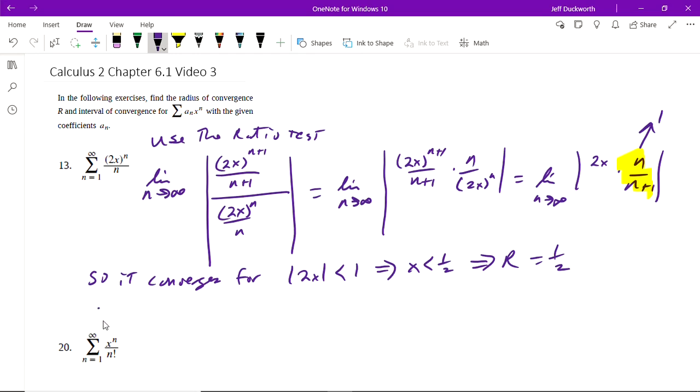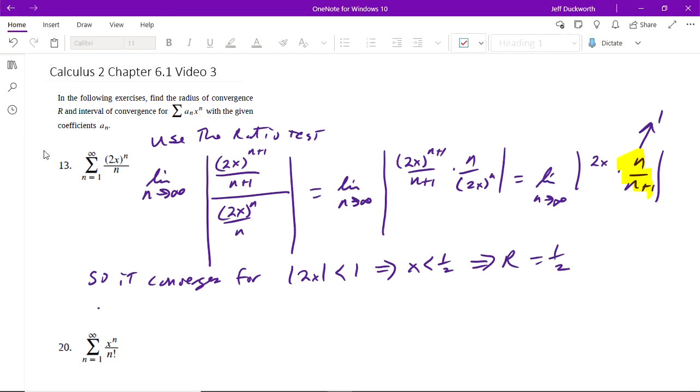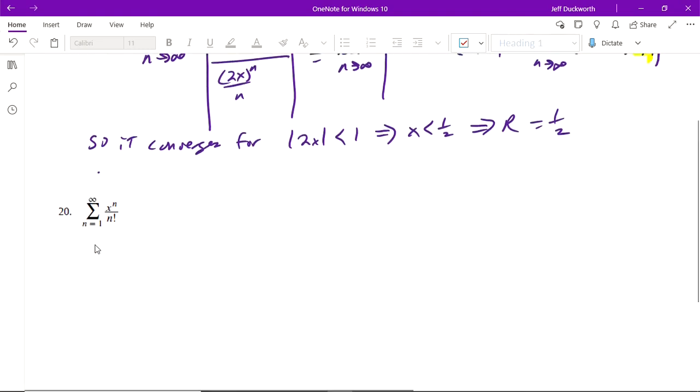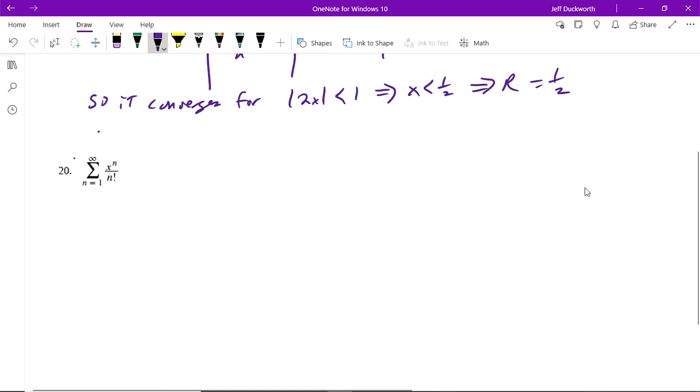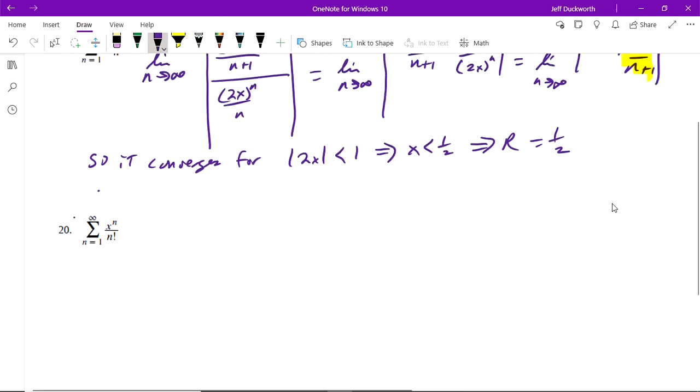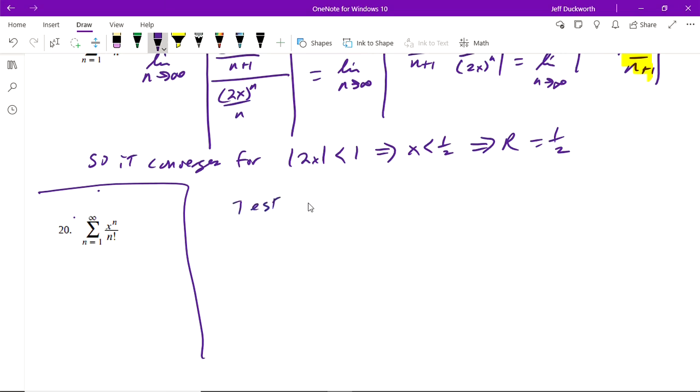All right, let's work on this one here, and then we'll do number 20 as best we can. We're going to test x equals 1/2 and see what happens.